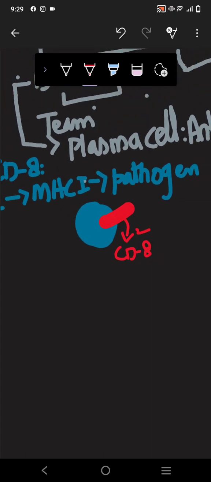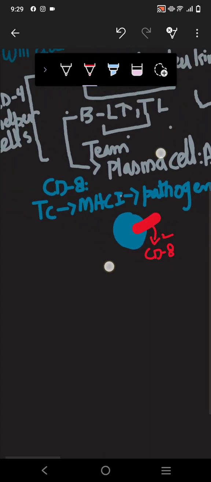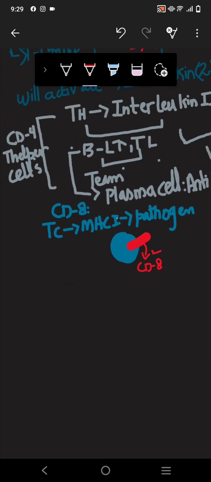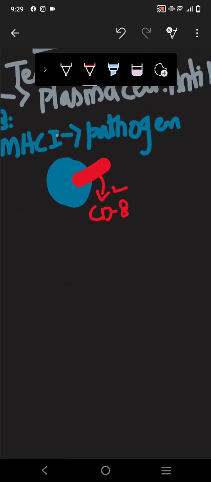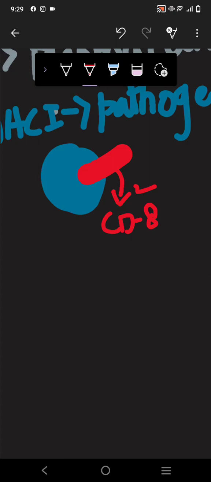So the cytotoxic cell will only attach with the CD8 receptor. Cytotoxic cell will always attach with the CD8 receptor, just as the T helper cell attaches with the CD4 receptor.